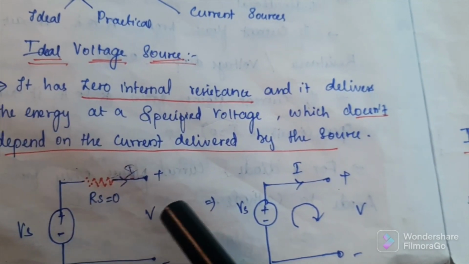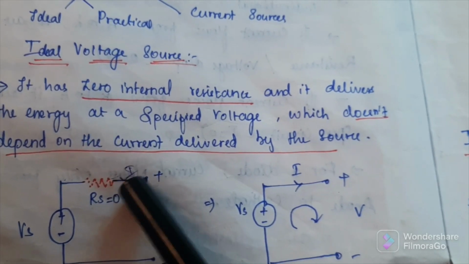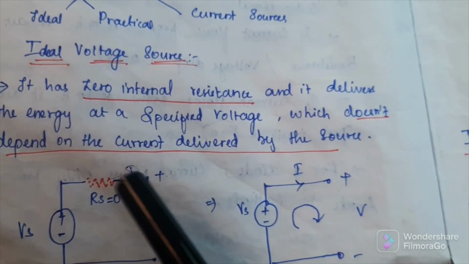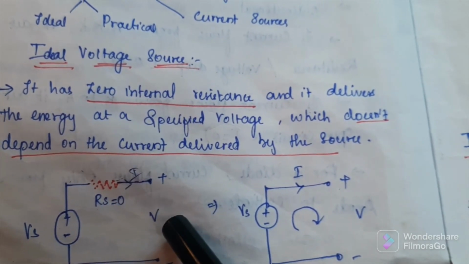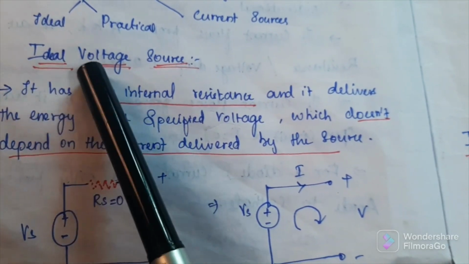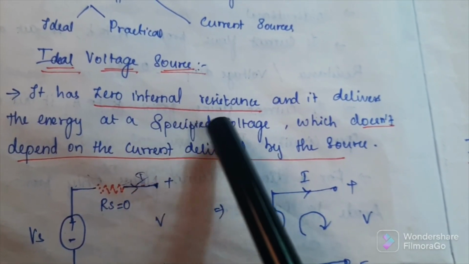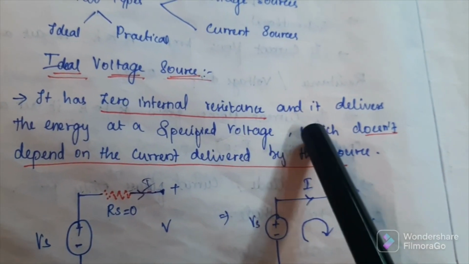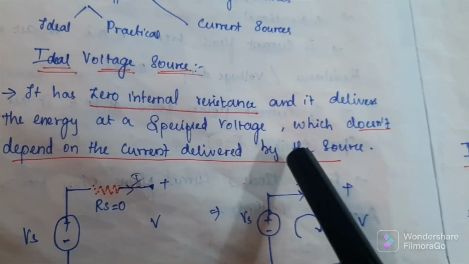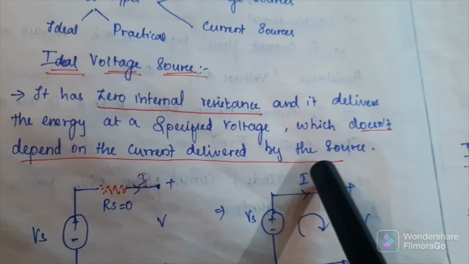So here the output voltage does not depend on the current which is delivered by the voltage source. The output voltage does not depend on the current. That is called ideal voltage source. So here in this ideal voltage source, it has zero internal resistance and it delivers the energy at a specified voltage which does not depend on the current delivered by the source.